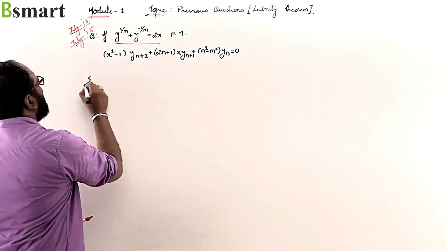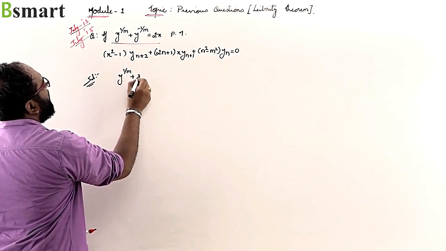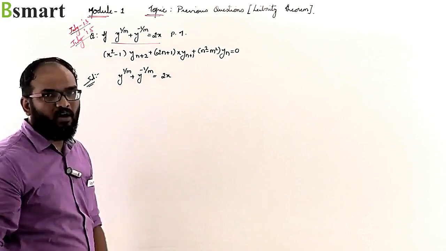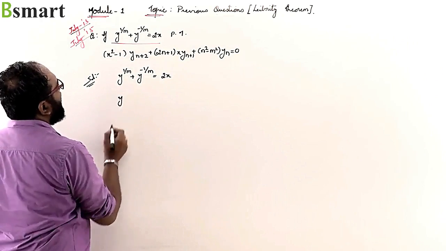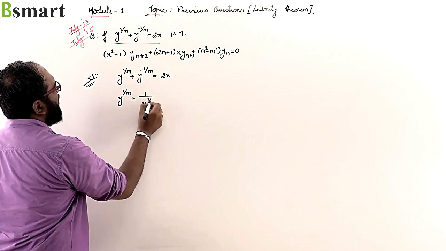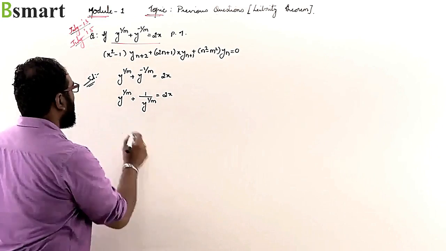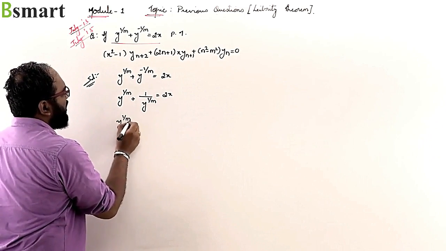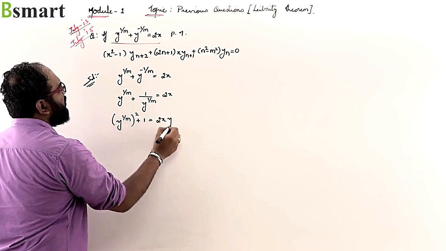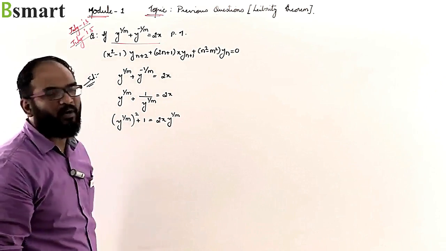Now let us say, given the curve, y to the power 1 by m plus y to the power minus 1 by m is equal to 2x. Can I write this as y to the power 1 by m plus 1 by y to the power 1 by m is equal to 2x, and I'll take the LCM for this. Then this will be (y to the power 1 by m) whole square plus 1 is equal to 2x into y to the power 1 by m. I have taken the LCM and brought this y to the power 1 by m to this side.